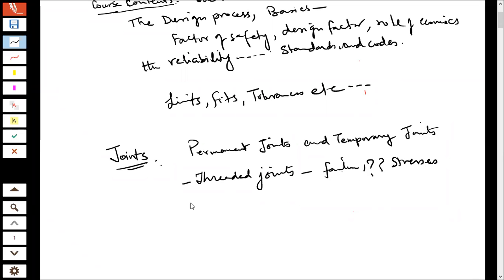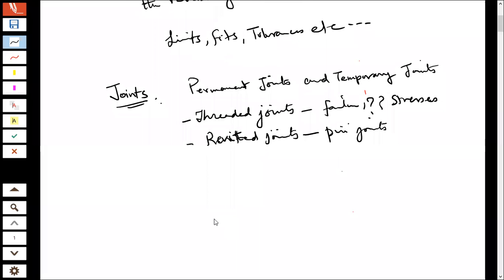And we will also talk about riveted joints, pin joints, and in detail about welded joints, and the standards and codes for welded joints.